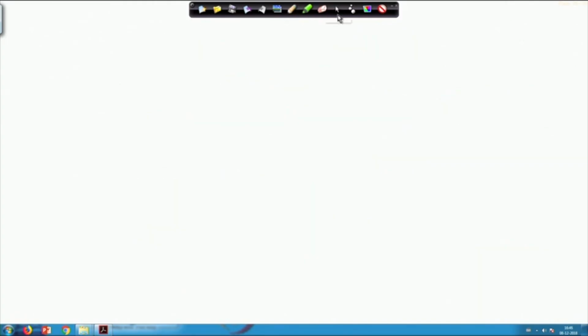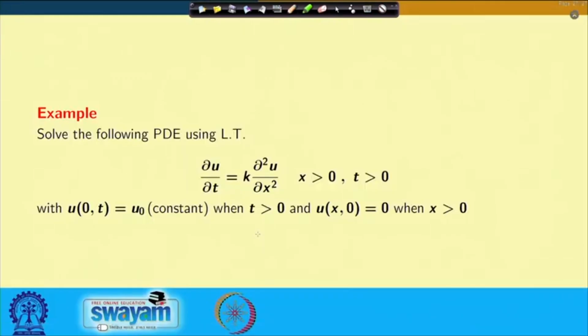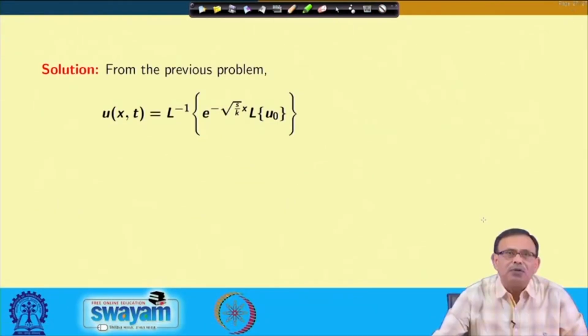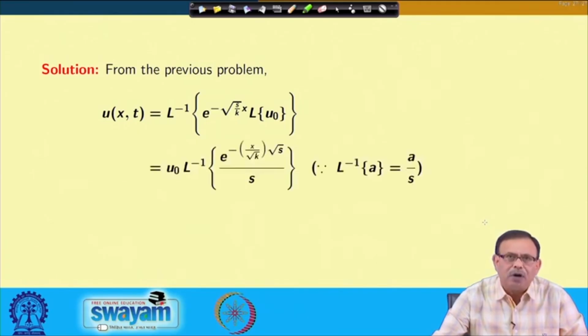So, for this particular problem, what we have done is, directly we have written the solution u(x, t) equals the Laplace inverse of e power minus root over s by k into x into the Laplace transform of u naught, and the Laplace transform of a is a by s, where a is a constant.